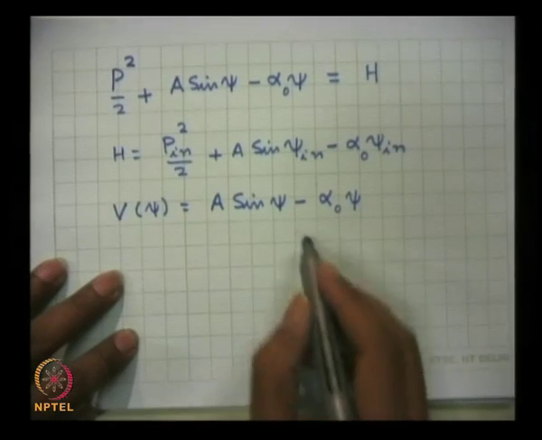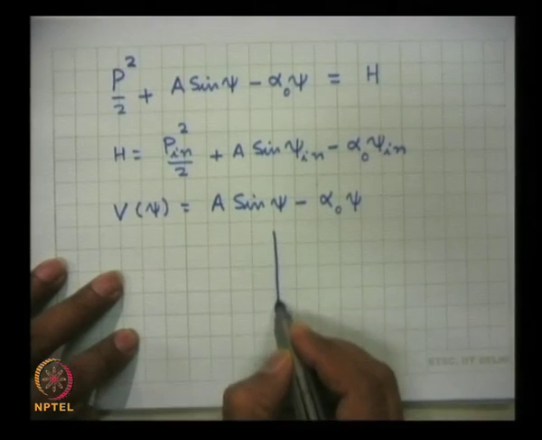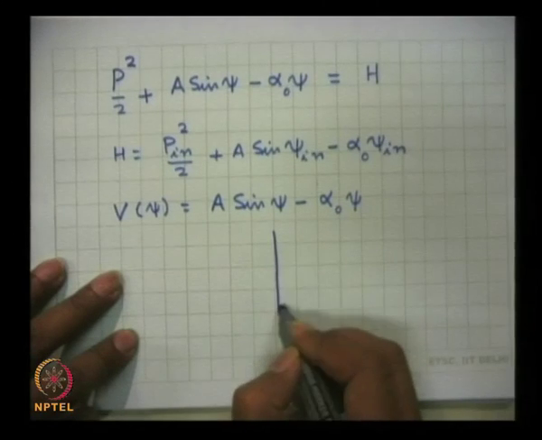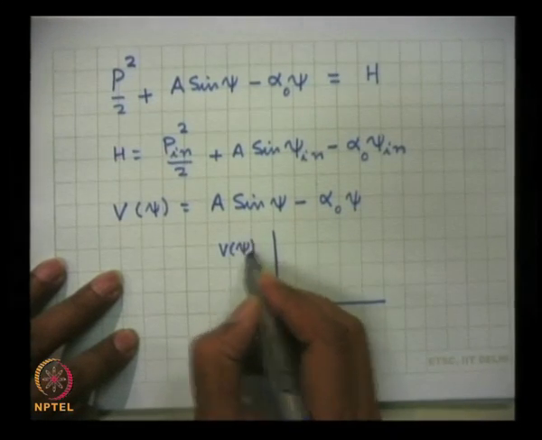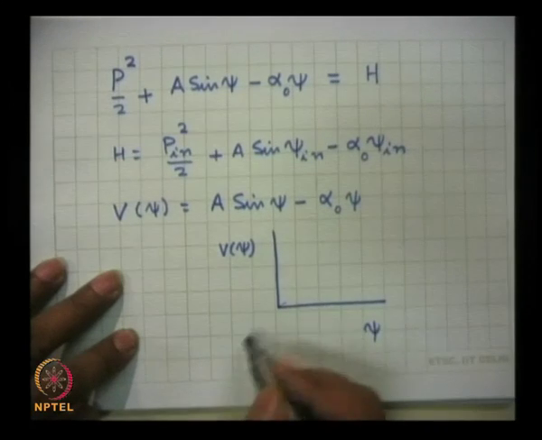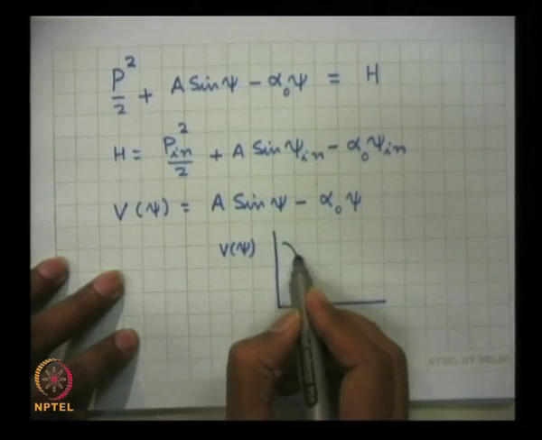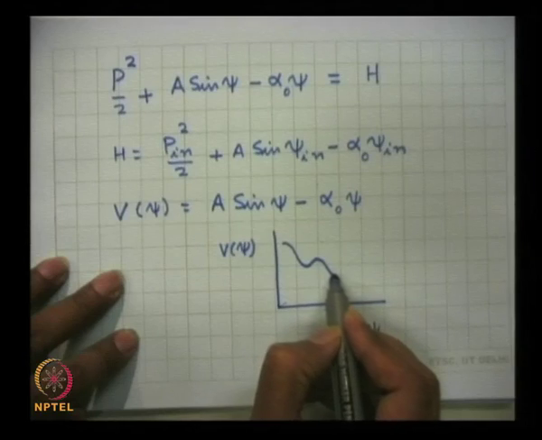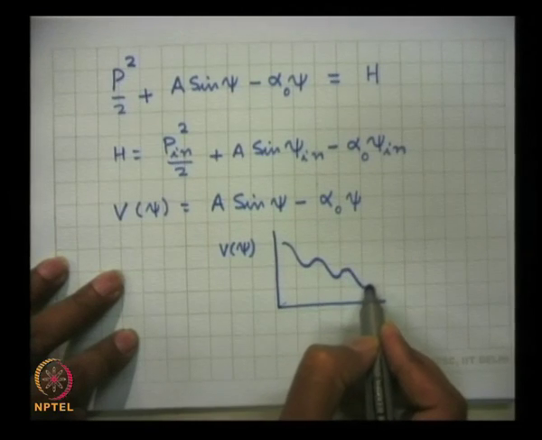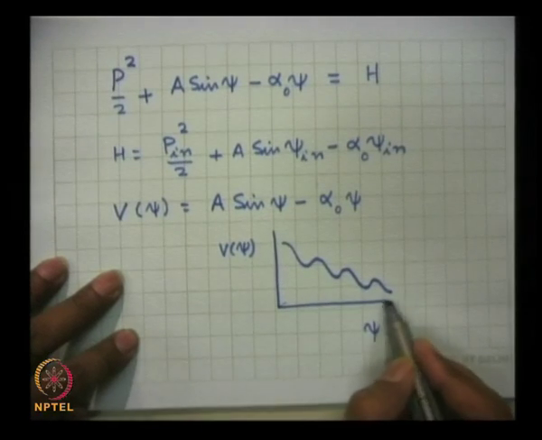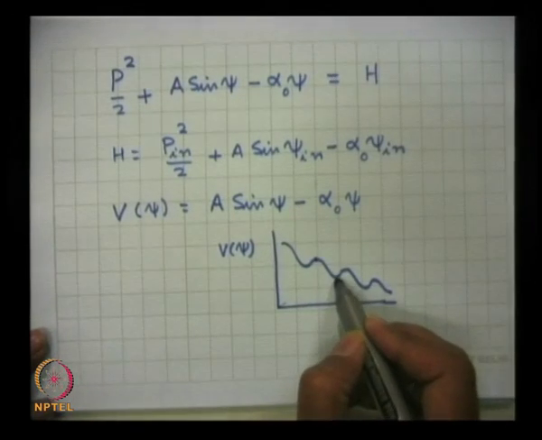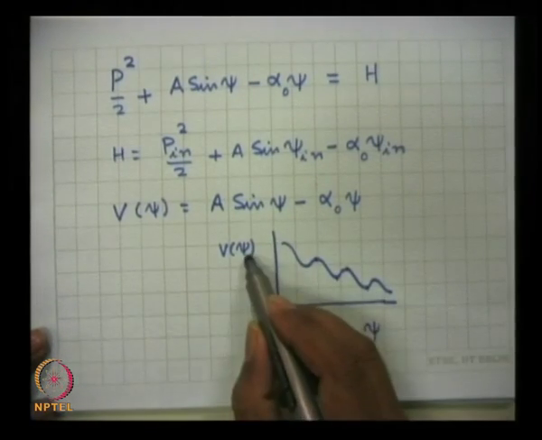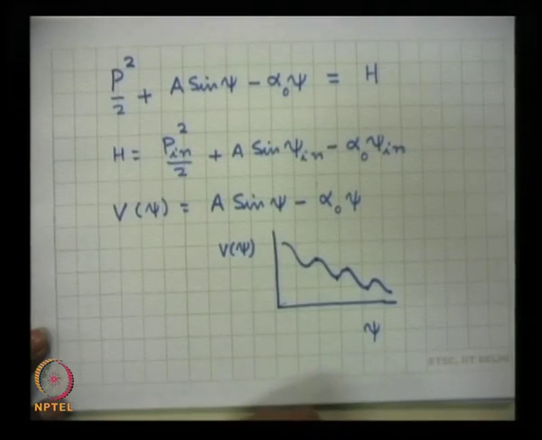If I plot this quantity V psi as a function of psi, this turns out to be having this sort of shape. These are maxima and minima in the potential energy as a function of psi.